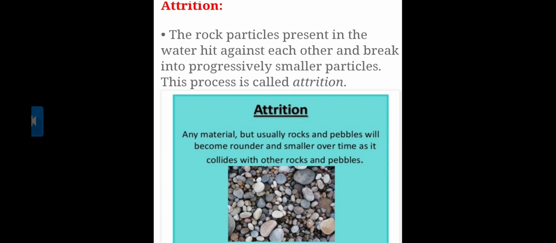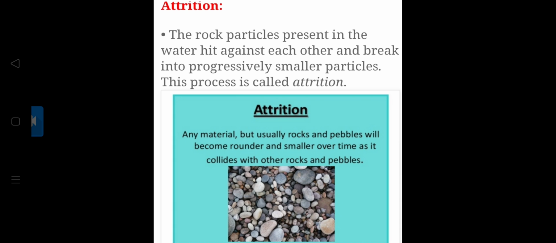Attrition. Here, the rock particles present in the water hit against each other and break into progressively smaller particles. This process is called attrition. Any material, but usually rocks and pebbles, will become rounder and smaller over time as it collides with other rocks and pebbles.